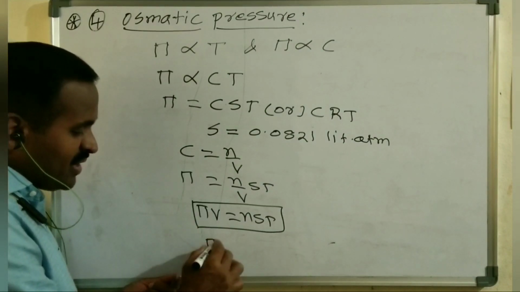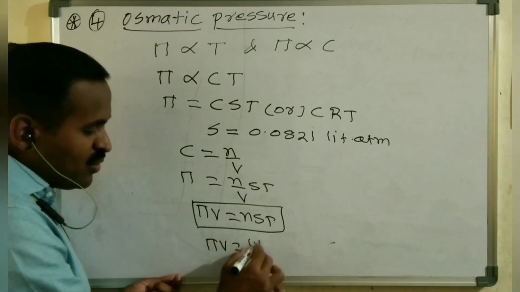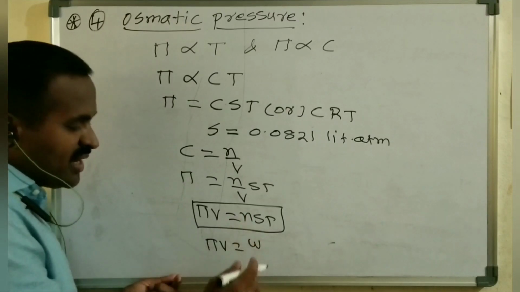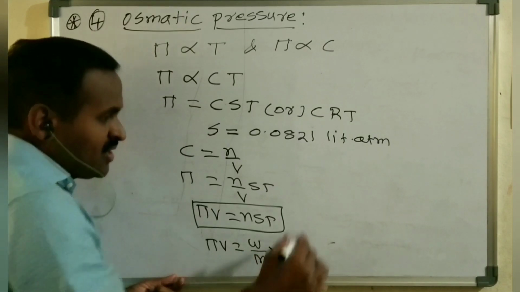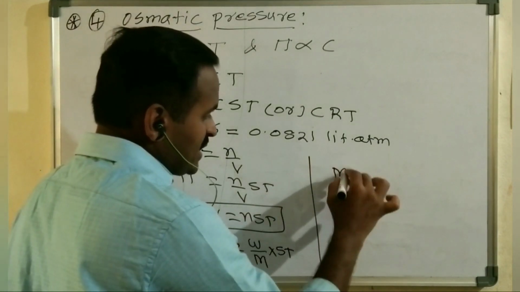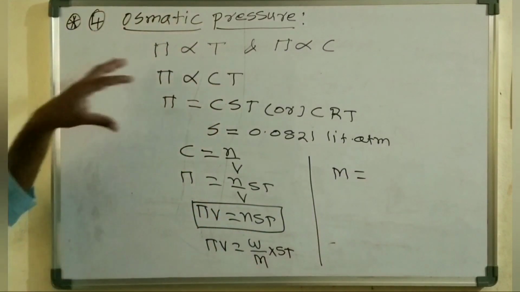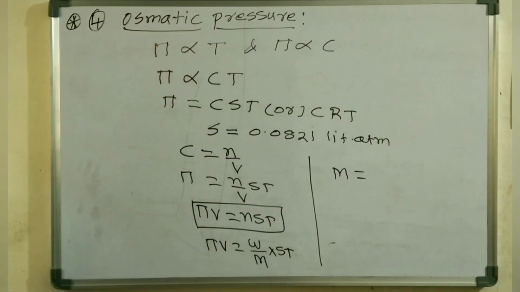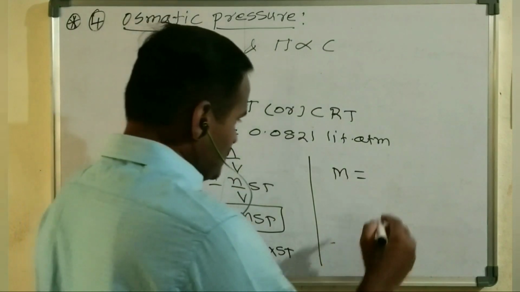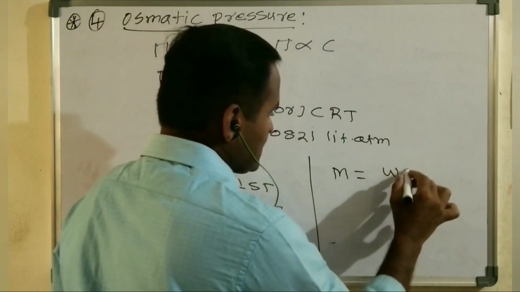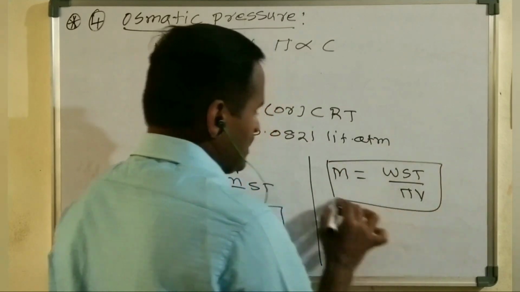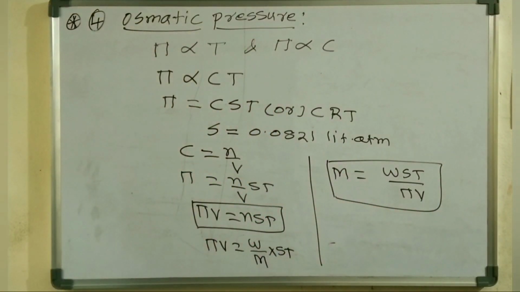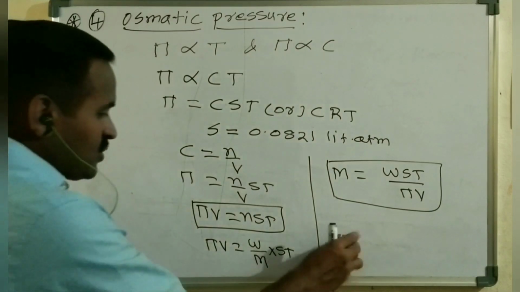So I can write pi V equals n, the number of moles of solute, which is weight of solute divided by molecular weight of solute, into ST. I can make M the subject of the formula, because the main use of osmotic pressure is to determine the molecular mass of a non-volatile solute. So M equals W S T divided by pi into V. This is the formula used to determine the molecular mass of a non-volatile solute.